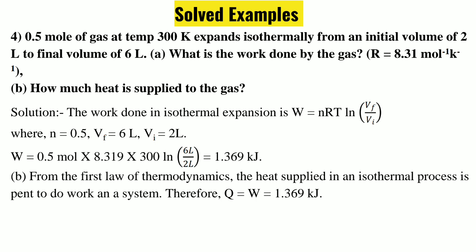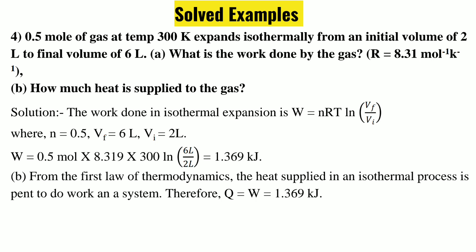From the first law of thermodynamics, the heat supplied in the isothermal process is used for doing work on a system. Therefore Q is equal to W. Whatever heat is supplied, that is equal to the work done.